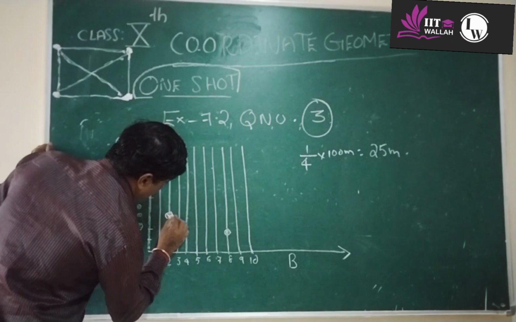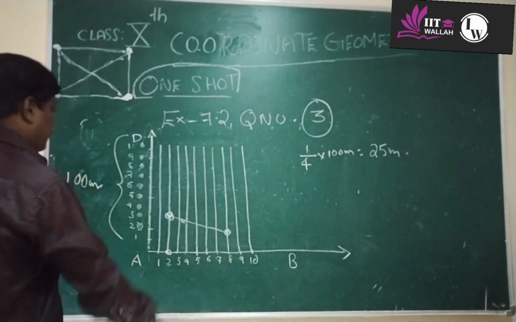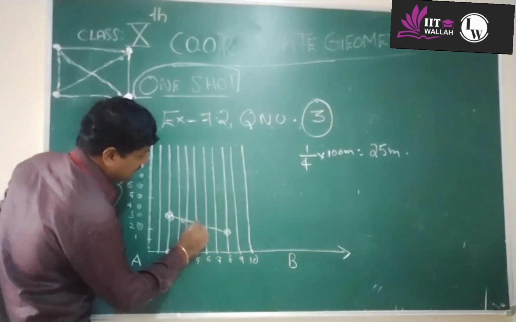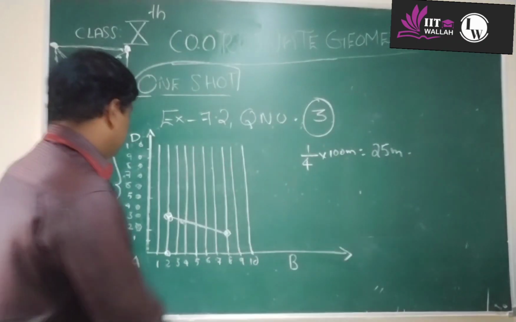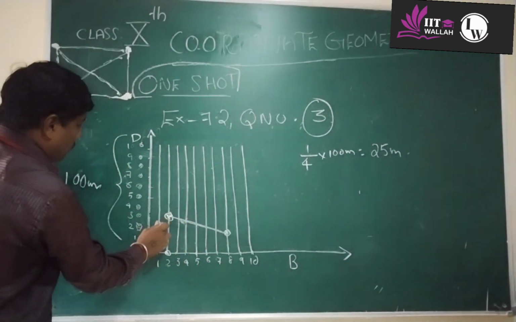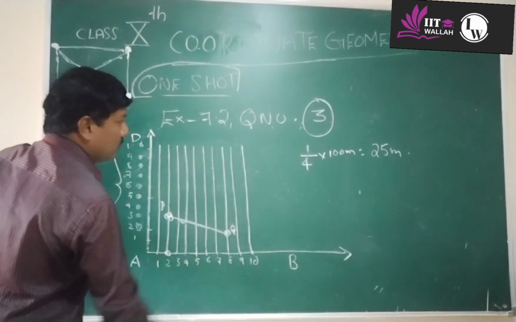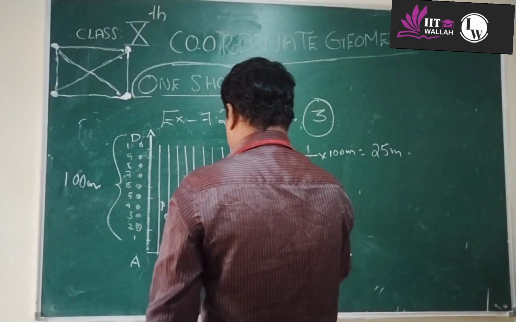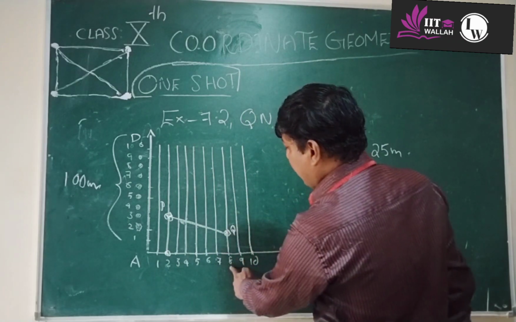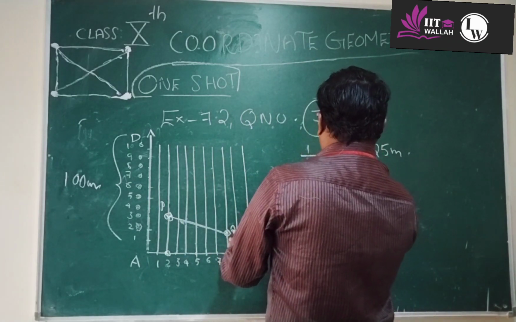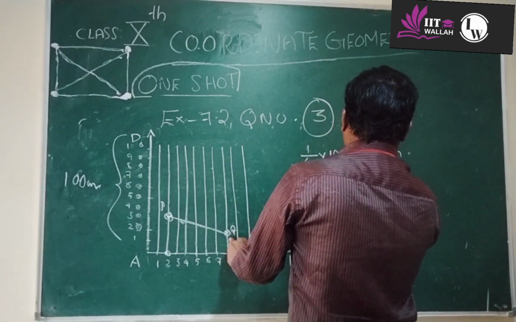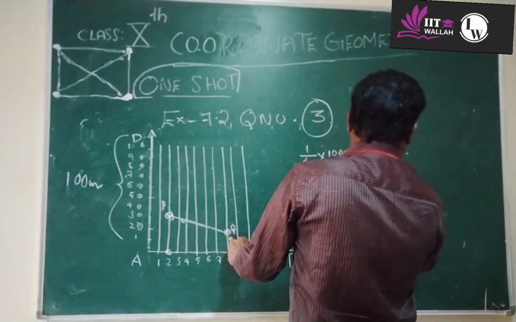This distance between the flags, this they are asking. So coordinate of this point I can take P and this point I can take Q. And this girl runs 1/5. That means 1/5 of 100 meter is nothing but 20 meters.